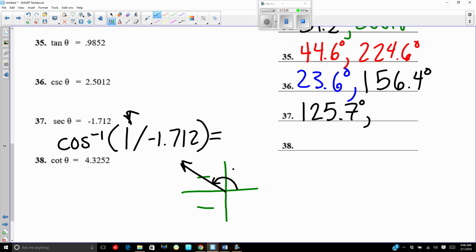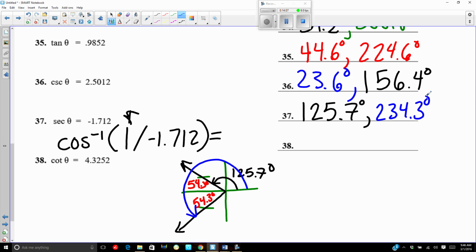So that's my 125.7 degree angle, meaning its reference angle is 180 minus 125.7, which would be 54.3. So we're looking for this angle in quadrant 3 that has that same reference angle, 54.3 degrees. So our answer is this angle, 180 plus 54.3. It's 234.3 degrees. Check your answer in the calculator.